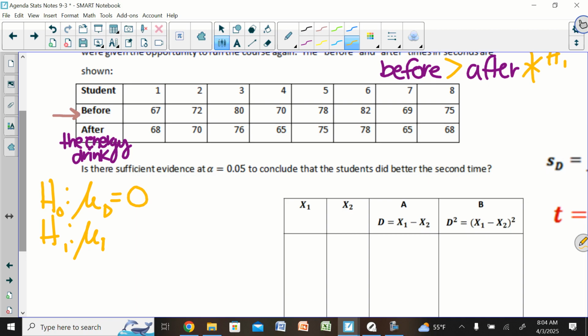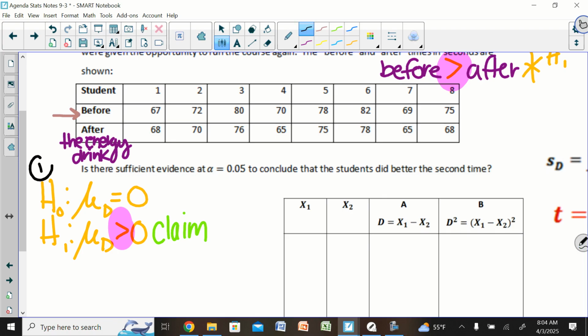H sub 1: mu sub D is going to be greater than 0, because that's what I rationalized my way through with that inequality. And of course, it says did they do better? Typically, your claim will be H sub 1 for these dependent samples, because we always are thinking, did they do better, or did they lift more weight, or did they have lower errors on some test, or whatever it might be. So that's step 1.